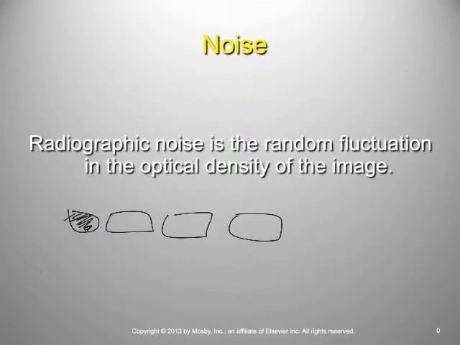But let's say perhaps because of Compton scatter or something, instead of darkening that pixel, it darkens this pixel, right? We would now call that noise, right? It's influenced our image in a way that's not actually accurate to the object that we're trying to record.